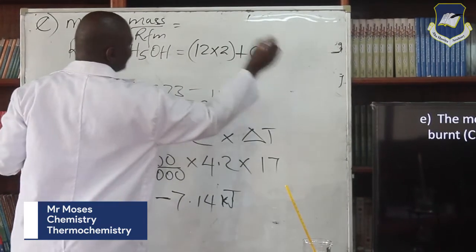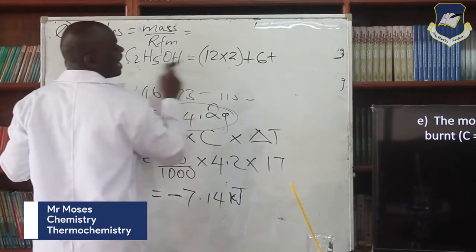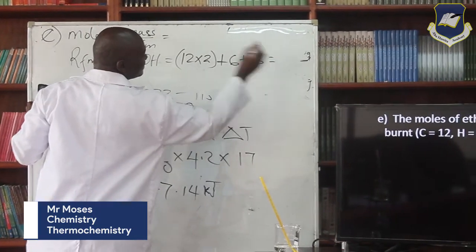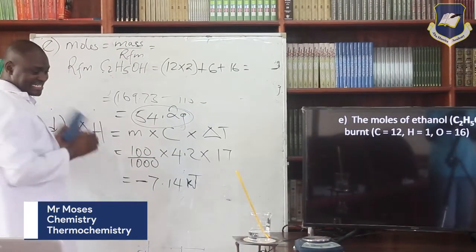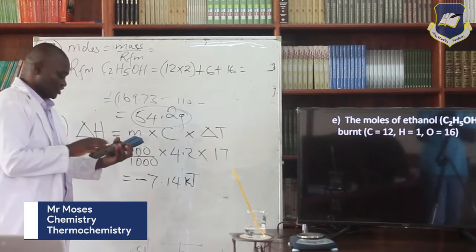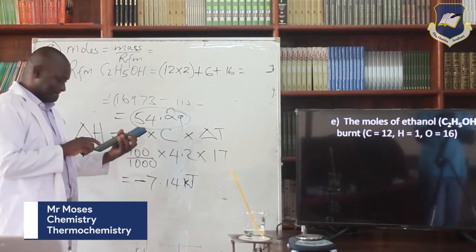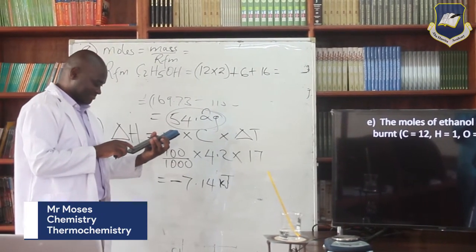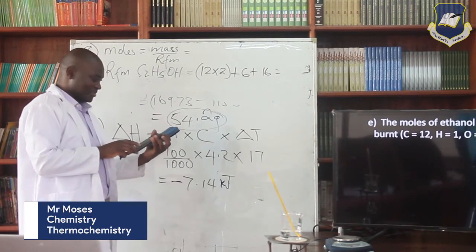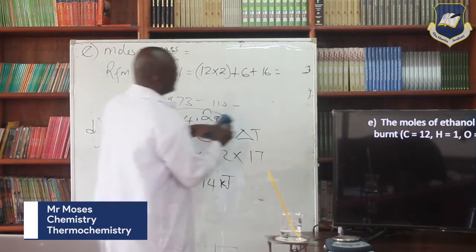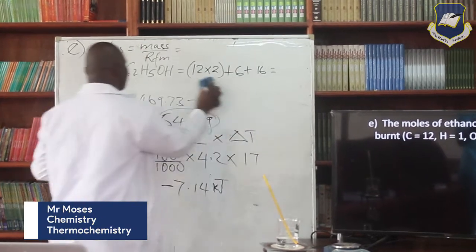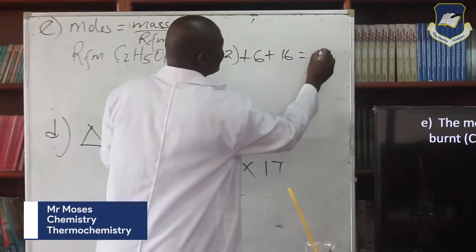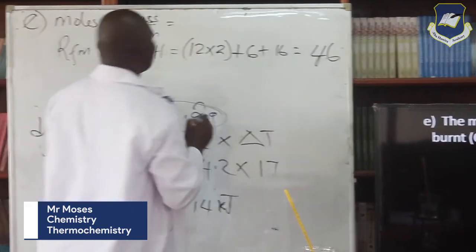You still have 6 plus. Oxygen is 1 atom times 16. Now we'll have 24 plus 6 plus 16. We have 46. So the relative atomic mass is 46.